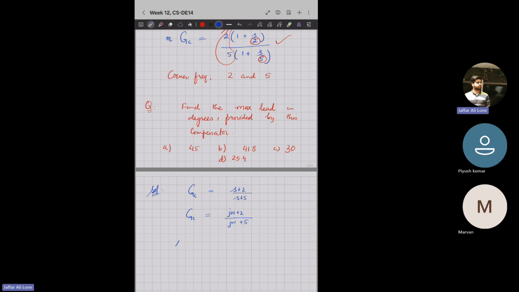And if I have to find the angle of GC, the angle will be tan inverse of omega by 2 minus tan inverse of omega by 5. Now, when will this angle be maximum? Because this is the angle provided by the lead compensator. What is the frequency for which this angle is maximum?